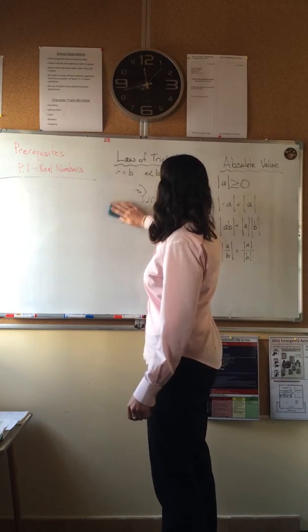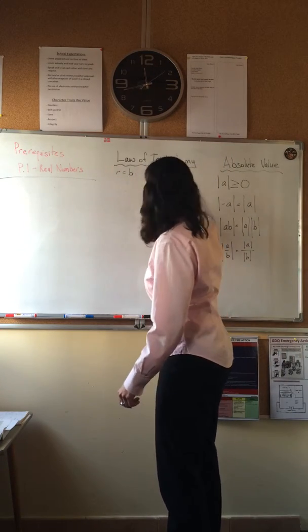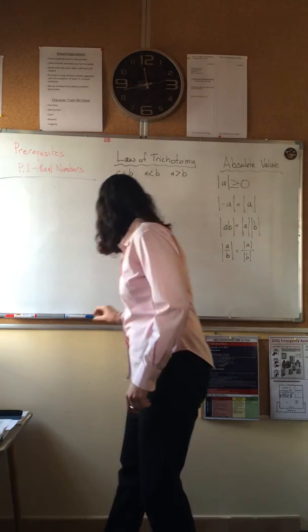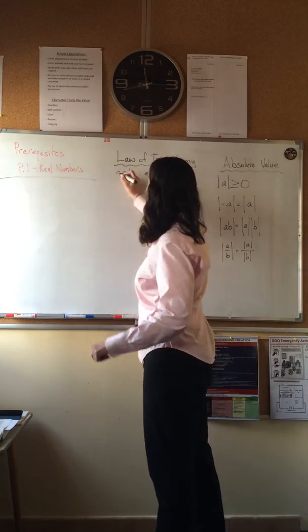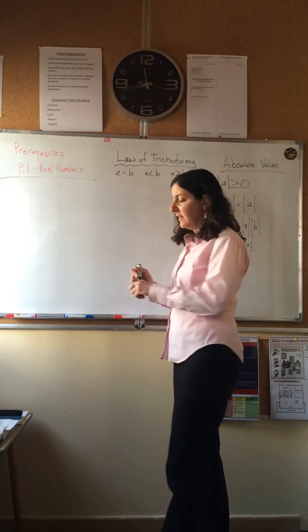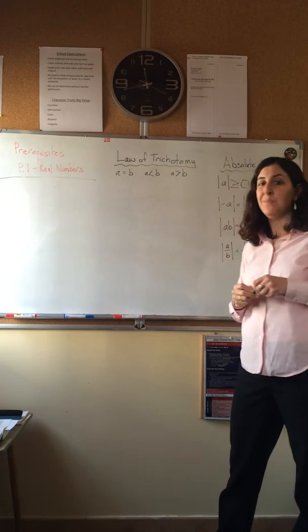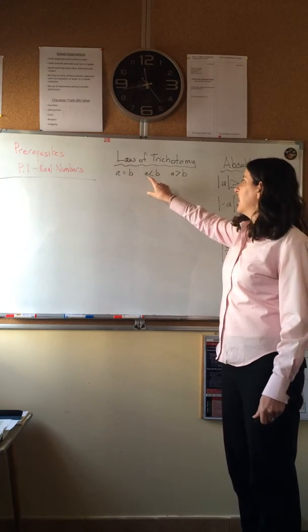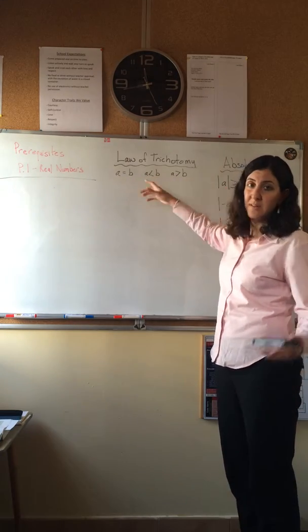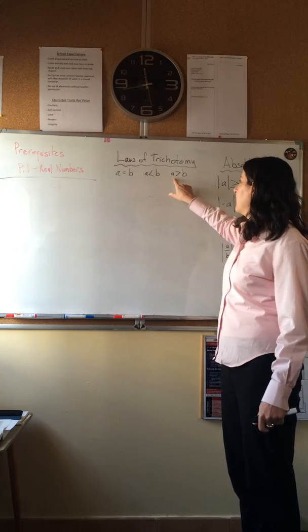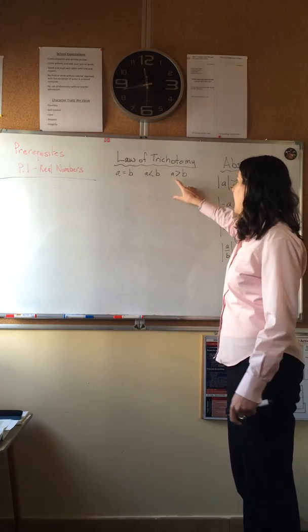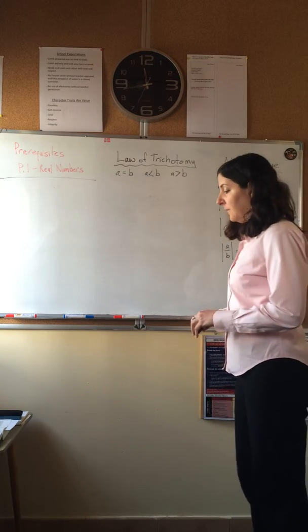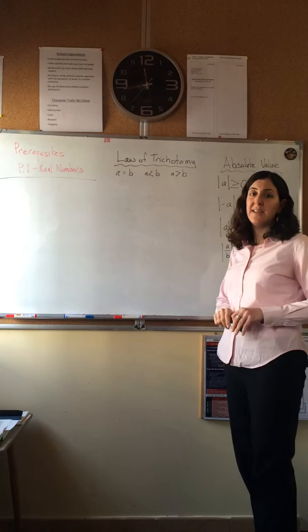And then the next thing, well, actually, before we go on with that, it brings you to basically the law of trichotomy, which says that the relationship between A and B, any two values, is they can either be equal, A can be less than B, which would also include less than or equal to, or A is greater than B. Of course, A and B in this case could be any values.